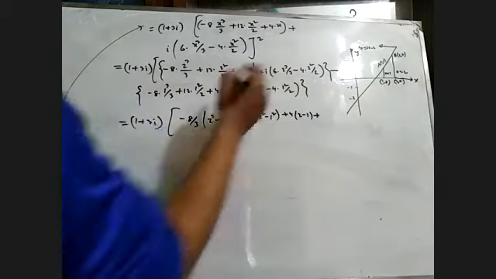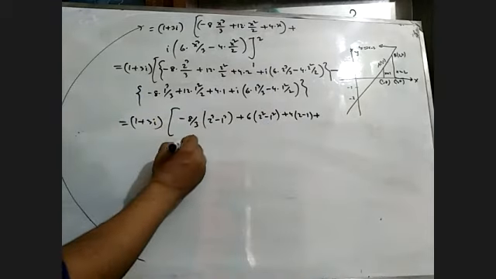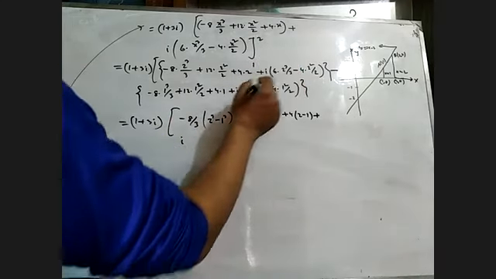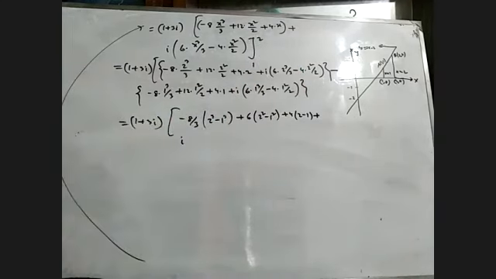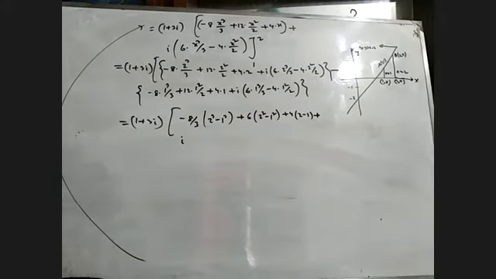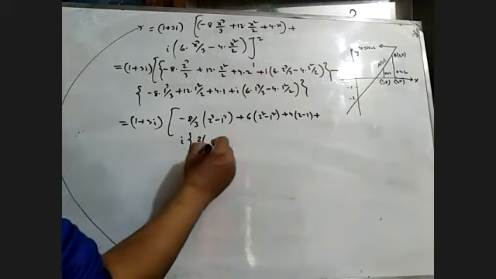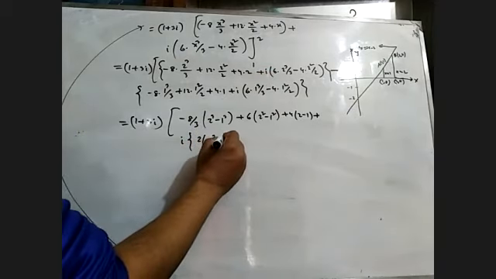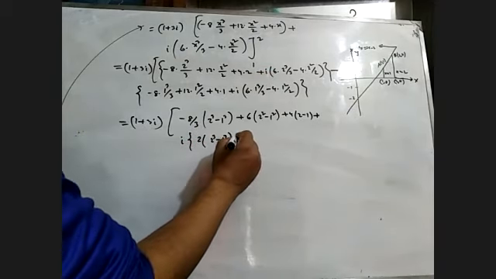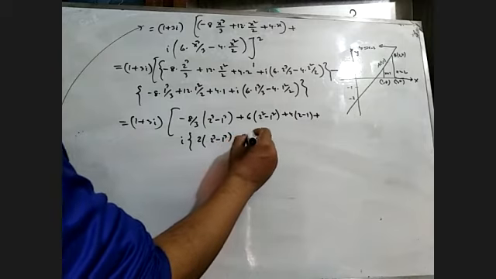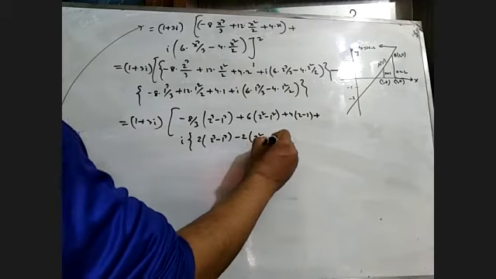Now, i common, here 6 by 3. 6 by 3 means what? 2, right? So 2 common, 2 cube minus 1 cube. Minus 4 common, 4 by 2 means what? 2. 2 common, 2 square minus 1 square.